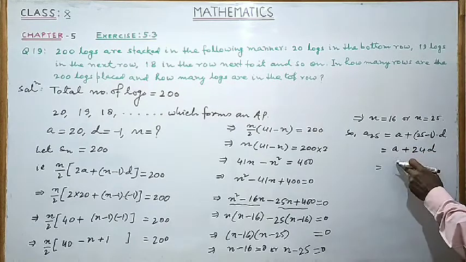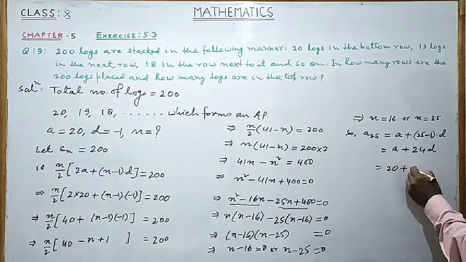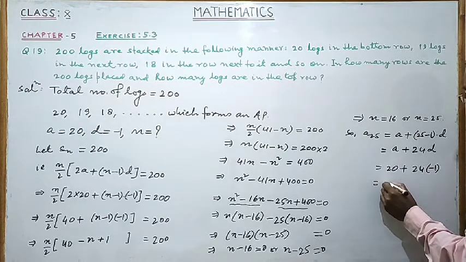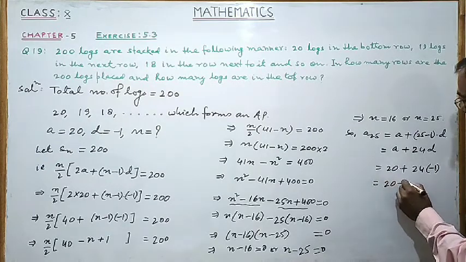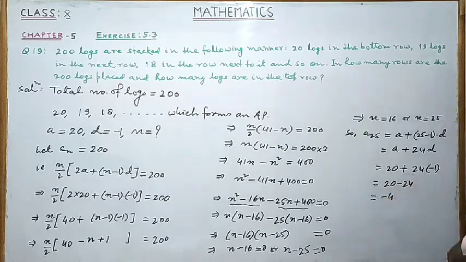This is equal to 20 plus 24 into minus 1, which is 20 minus 24 equal to minus 4.